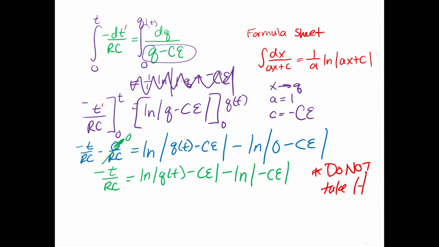It will mess you up and get you the wrong answer. We are then going to use our rule for combining natural logs. Because those natural logs are being subtracted, you can divide them in one term. So on the left, I'm still going to have negative t over RC. And that's going to equal the natural log of q of t minus CE over negative CE.